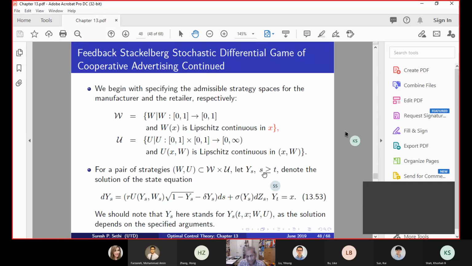So at any t, I am given a value x of the market share.